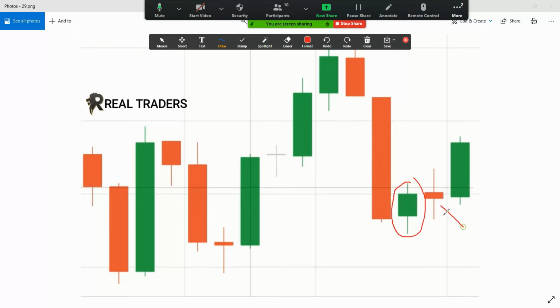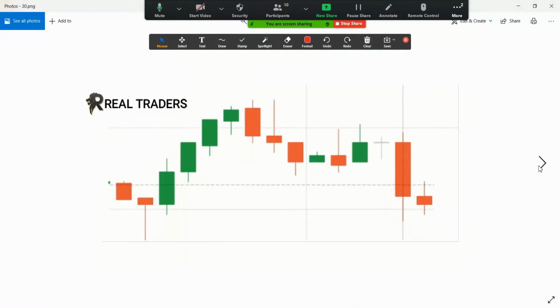You can see the body of the spinning top here. Yes, it is too big. I was wondering if we shouldn't expect a bullish candlestick here. No, because of this one. Okay.